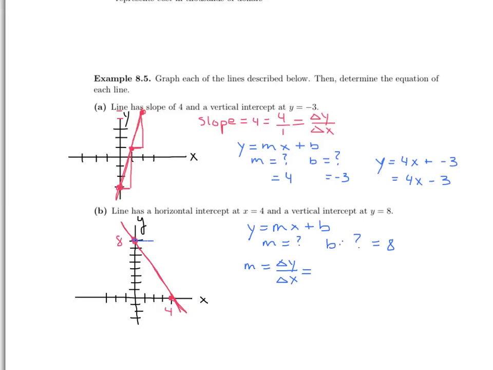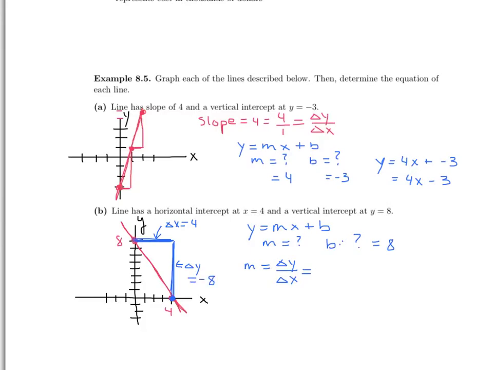Notice if we start from our upper point, 0, 8, and we go to the right and down, we can arrive at our lower point. The amount we go over, that's the amount we change x by. That's the delta x, which in this case is 4. The amount we drop, that's the change in y, which in this case is a -8.